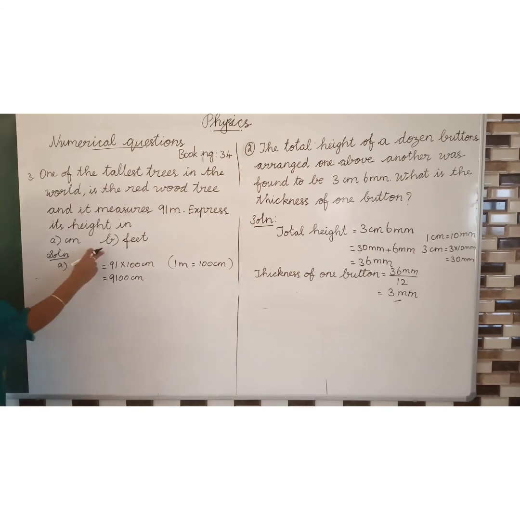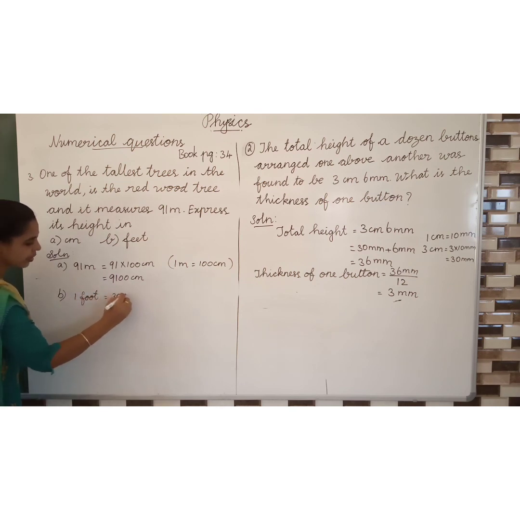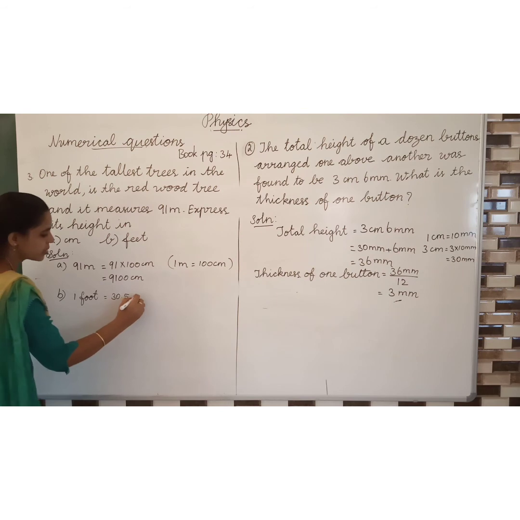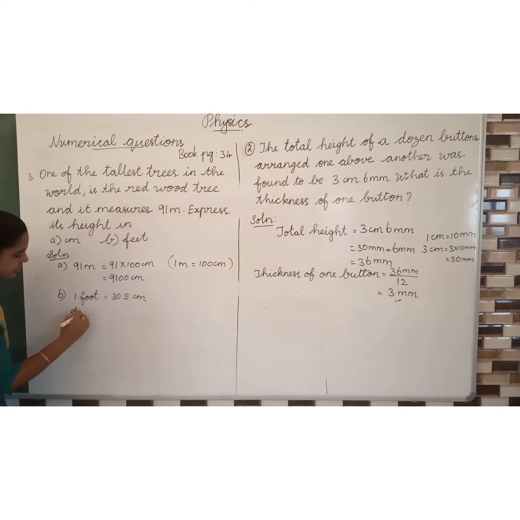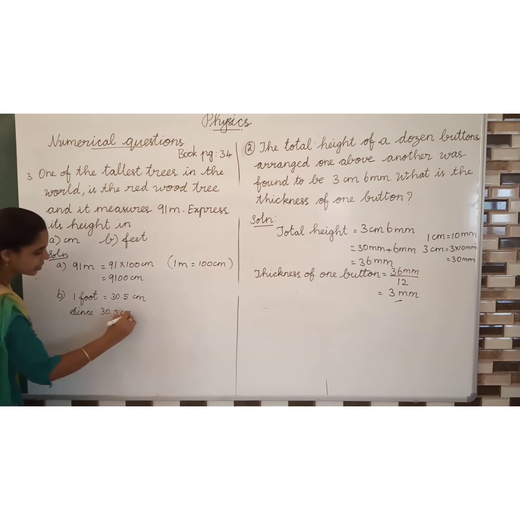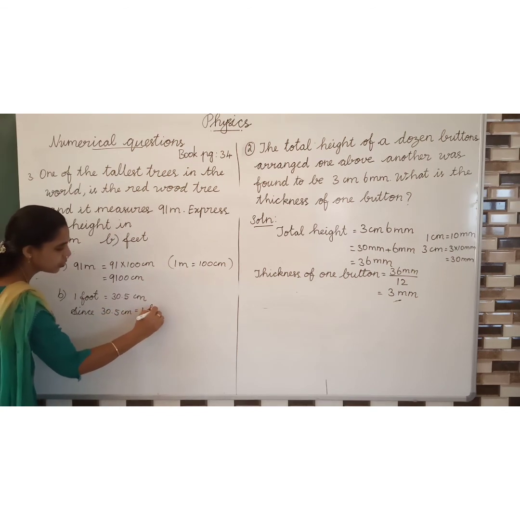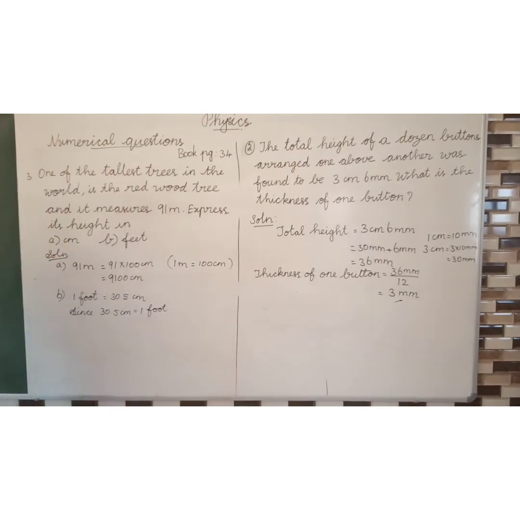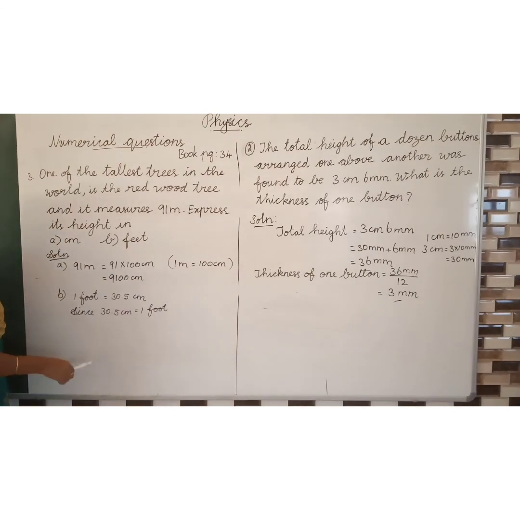Next one is part B. Express its height in feet. We know the formula: 1 foot is equal to 30.5 centimeter. Since 30.5 centimeter is equal to 1 foot, we have to find how many 30.5 centimeter are there in 9100 centimeter.